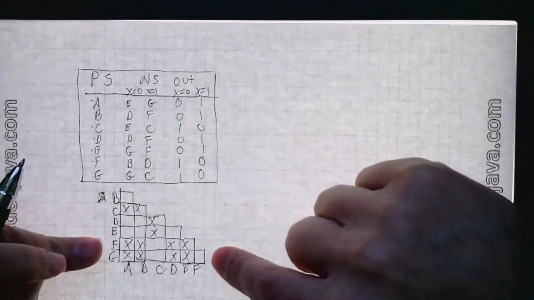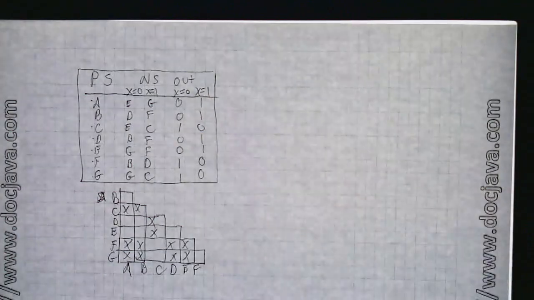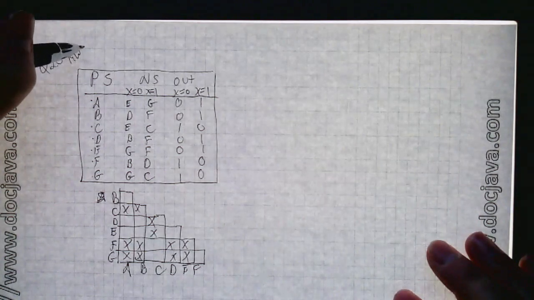So right away I got rid of the trivial output differences in the rows. Is everybody following along so far? So this is question 20 and homework 11.